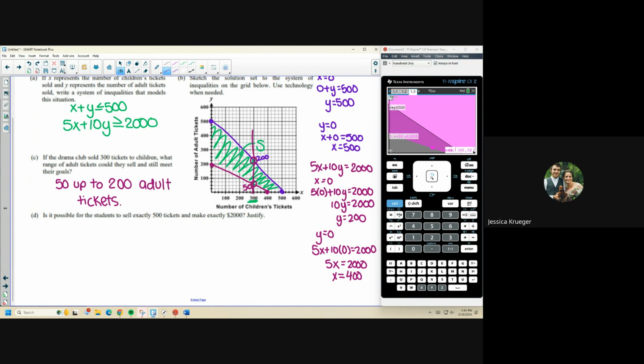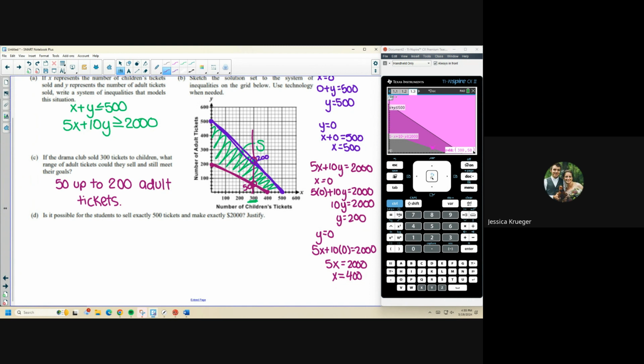Is it possible for the students to sell exactly 500 tickets and make exactly $2,000? Well, this purple line is all the ways they can sell exactly 500 tickets. This kind of burgundy line is exactly the number of ways that they can make $2,000.